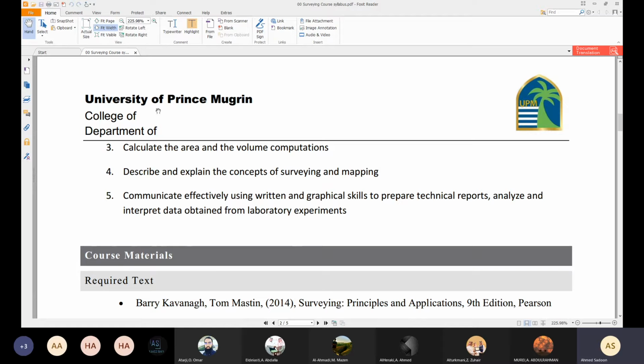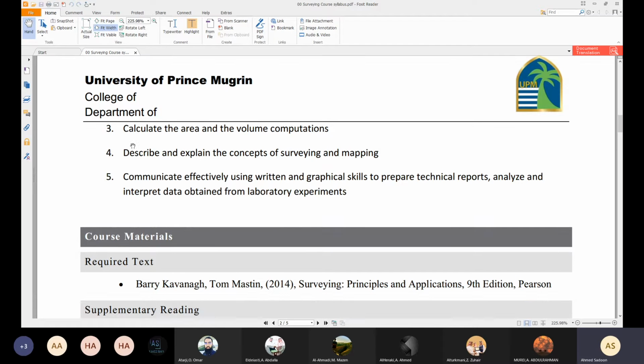Also, you should be able to calculate area and volume computations. Also, you should be able to describe and explain the concepts of surveying and mapping. Finally, you should be able to communicate effectively using written and graphical skills to prepare technical reports and analyze and interpret data obtained from laboratory experiments.